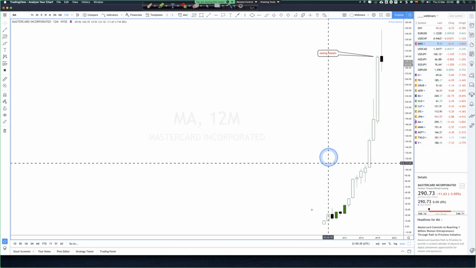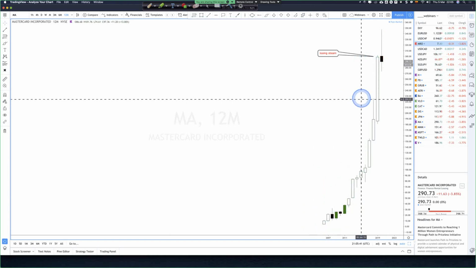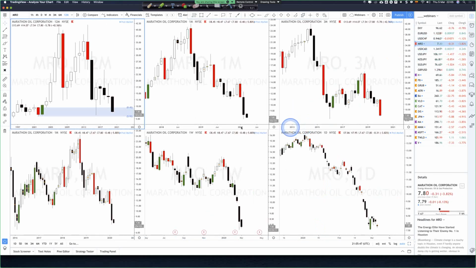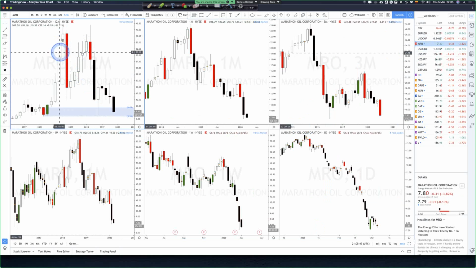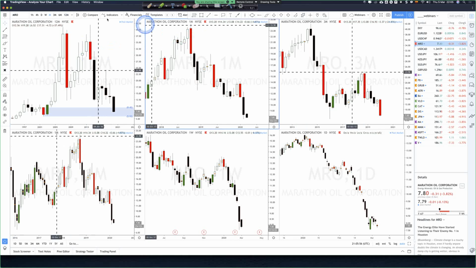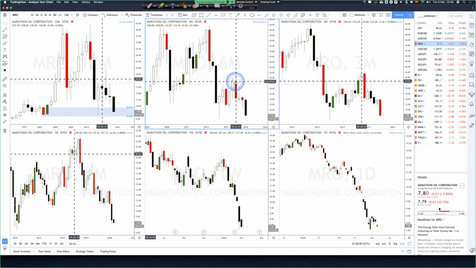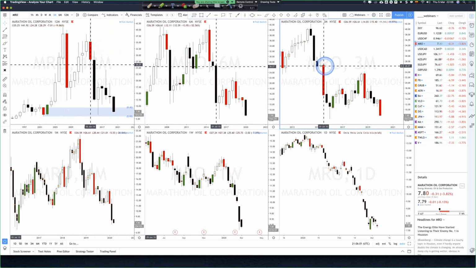So you put everything into context, and this is when you can start thinking, let's continue with MRO. Look at that, a super strong rally, bearish engulfing pattern, retest of the bearish engulfing pattern on 12 months, another bearish engulfing pattern on the 6 months, another one on the 3 months as well, supply created.